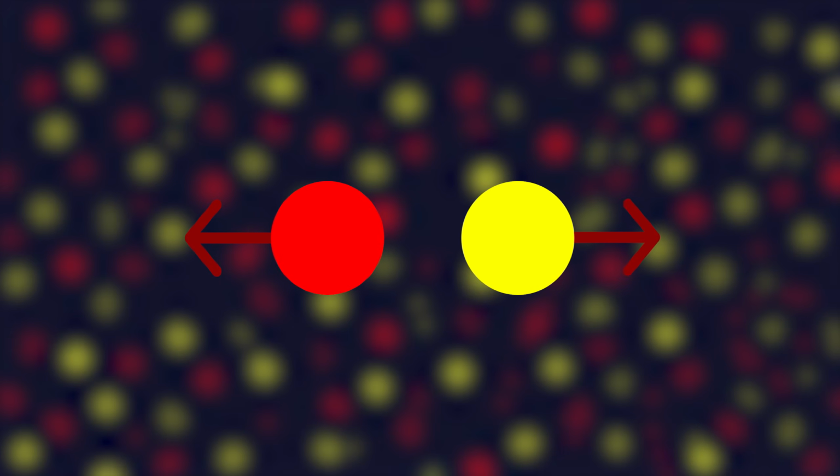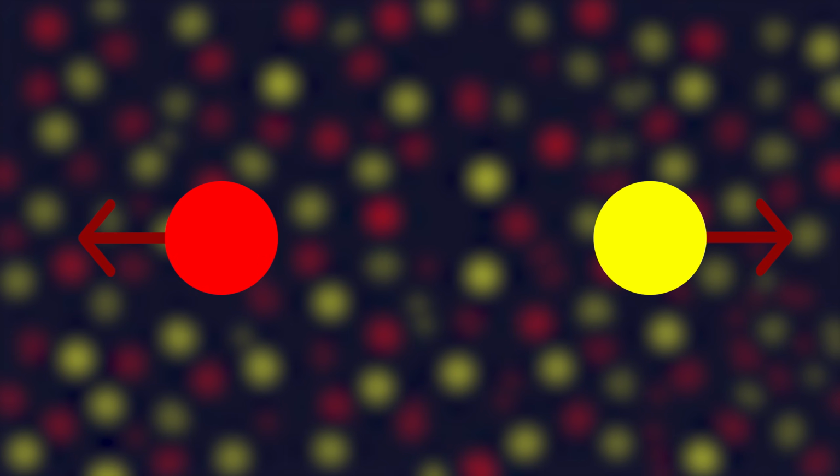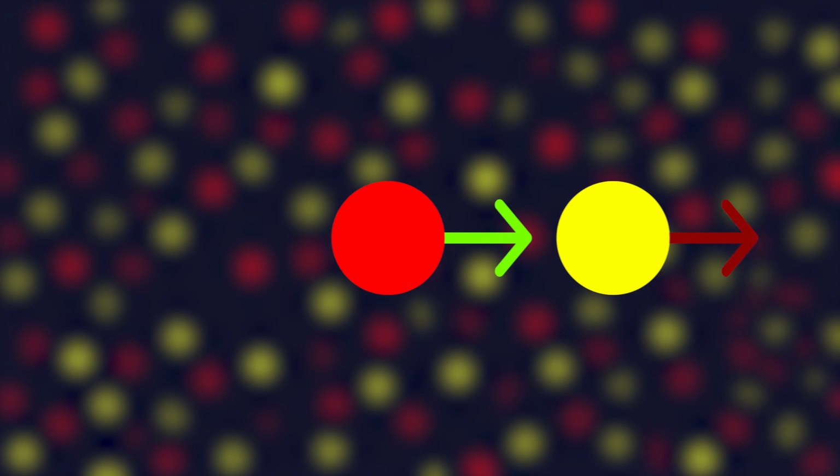The forces between the particles are symmetrical, meaning that if yellow particles repel red particles, the red particles also repel yellow particles. But now the forces will become asymmetric. The red particles will be attracted to yellow particles, but the yellow particles will try to run away from the red particles.